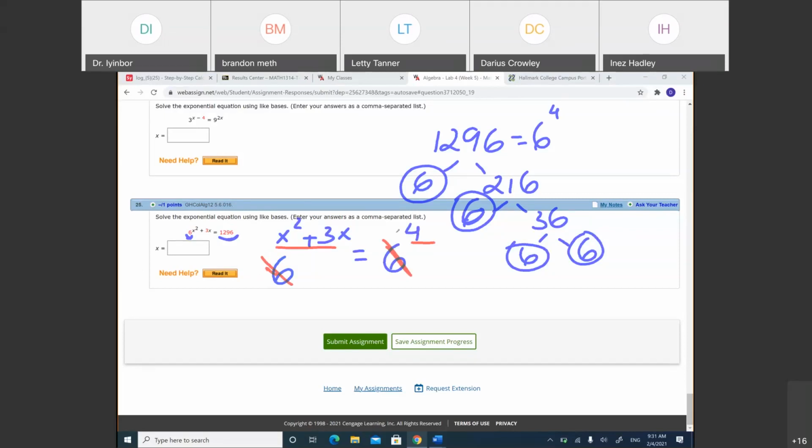So what you're doing, you're going to subtract 4. So you're going to get x squared plus 3x minus 4 equals 0. And you're going to use ABC to solve it. Okay?